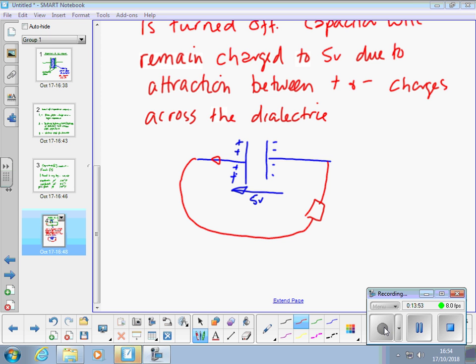A good quality capacitor will hold a charge for a considerable amount of time after disconnection. It depends on the dielectric material, how much charge they can hold in the first place, and what the leakage is, but a good quality one can remain charged for quite some considerable amount of time.